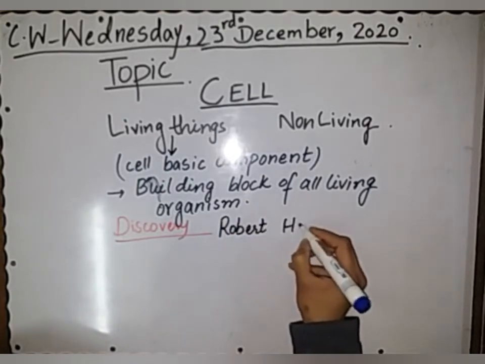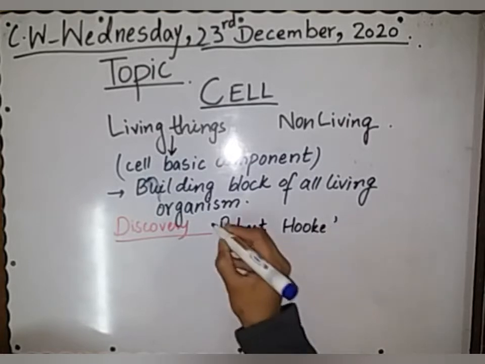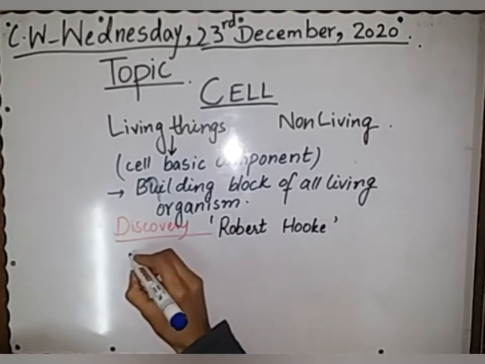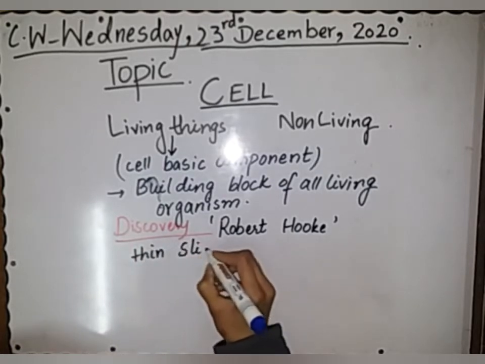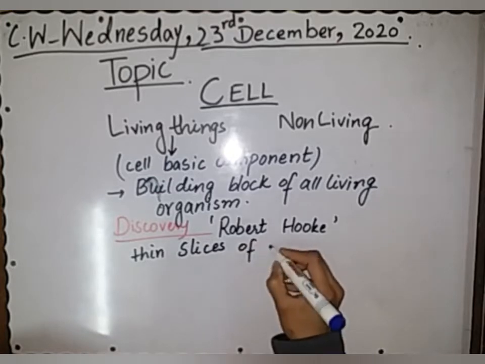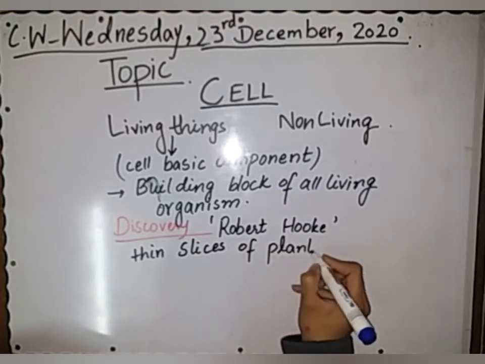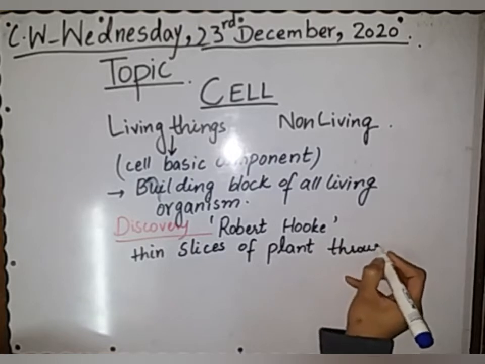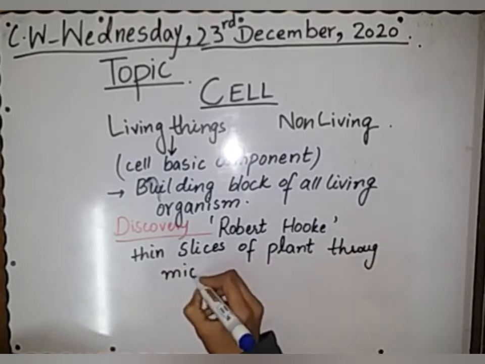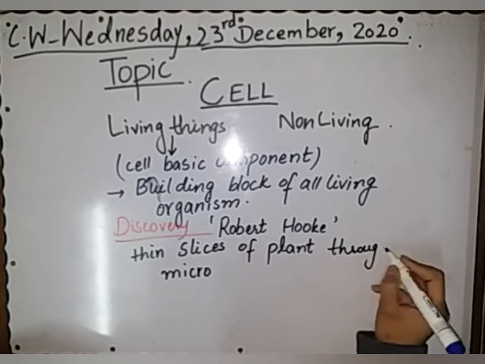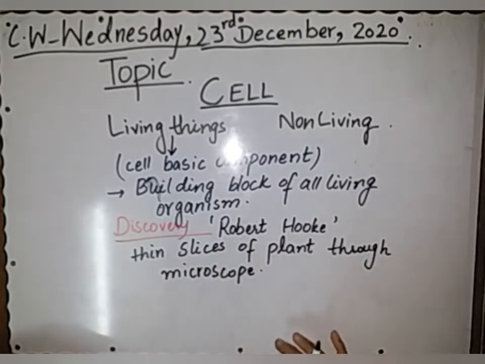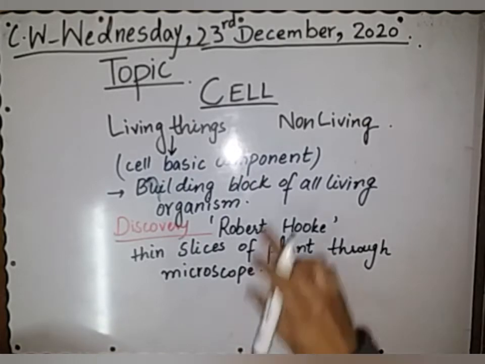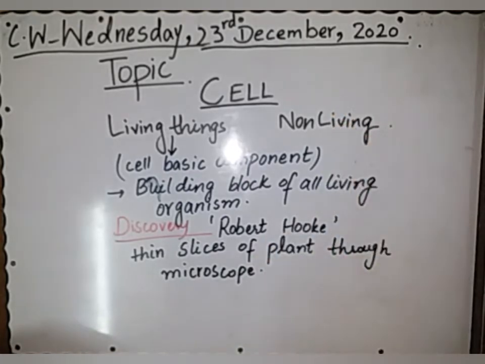Robert Hooke discovered the cell when he was observing a thin slice of plant through a microscope. He observed that a box-like shaped material is present, which he called a cell.